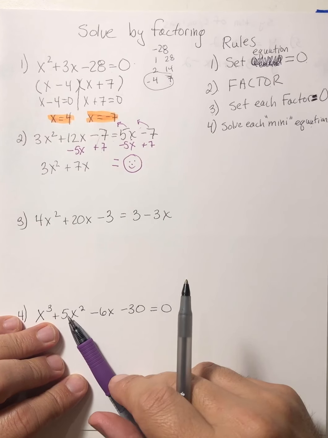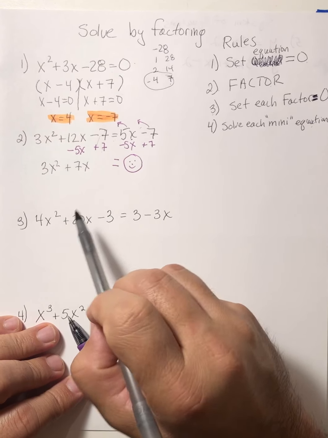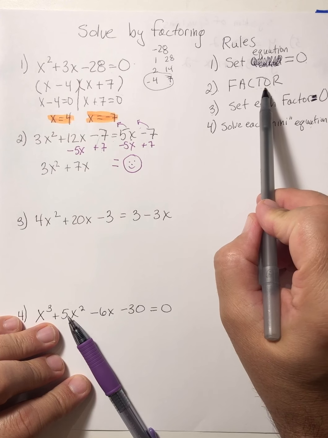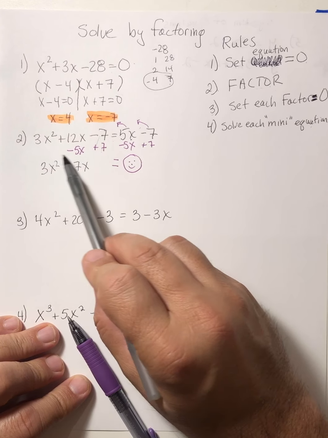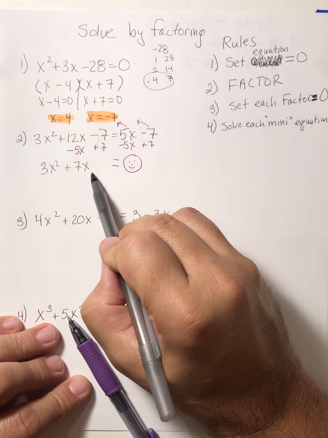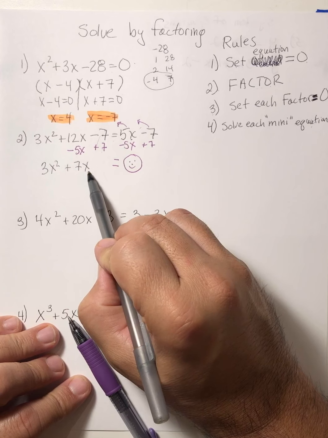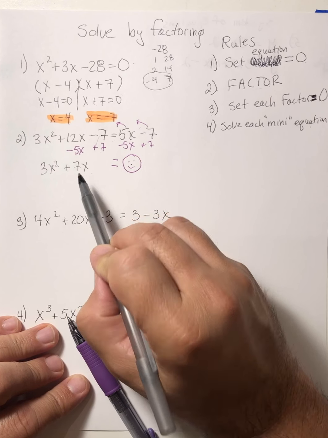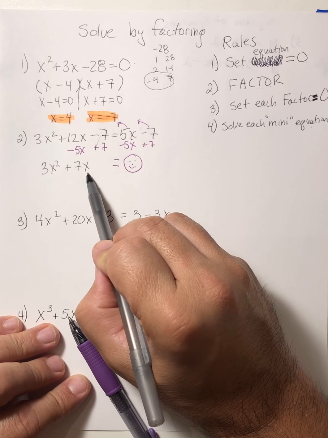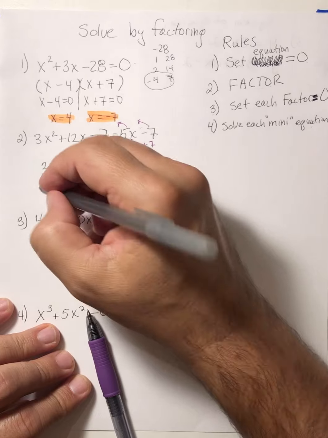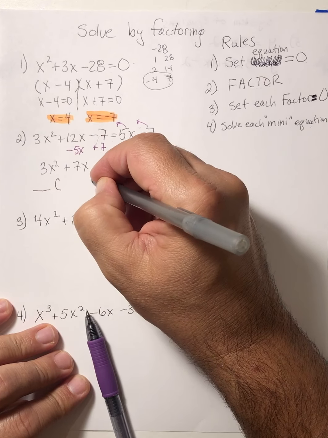Okay, we did the hard stuff. We made it equal to 0. Now I have to factor. Well, how do we factor this? That's right, this is not a trinomial. It ends in an x, so it's not even close to being dots. The only thing we can say here is GCF.